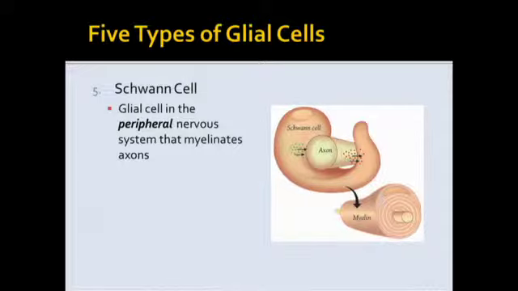That's what they do. So the one difference between Schwann cells and oligodendroglia in terms of myelination is that with Schwann cells, there's a one-to-one relationship between the glial cell and the neuron, meaning only one Schwann cell will myelinate only one neuron. And with oligodendroglia, one oligodendroglia might myelinate multiple neurons.